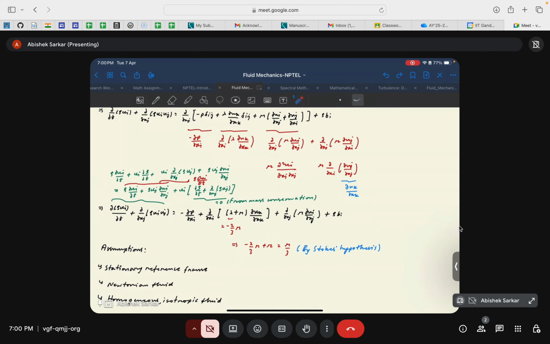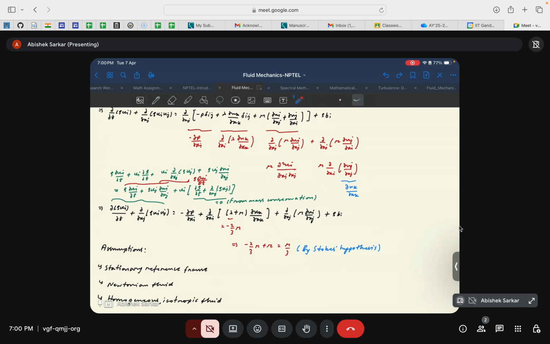If you take these terms together, you will have rho times ∂ui/∂t plus rho uj ∂ui/∂xj, plus ui times ∂rho/∂t plus ∂/∂xj of rho uj. This last term is equal to 0 by mass conservation. So you are only left with rho times the complete derivative, Dui/Dt. I think it's quite well understood by now, so I don't need to discuss it elaborately.